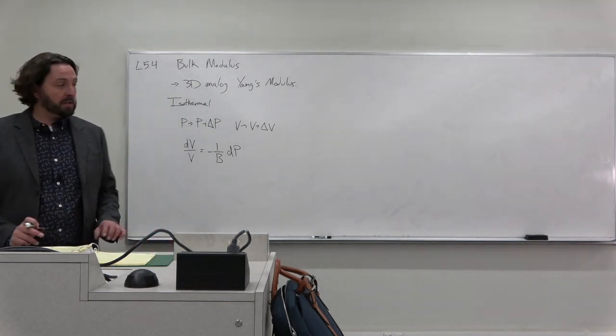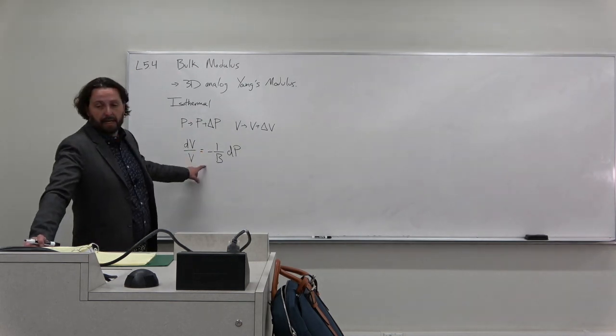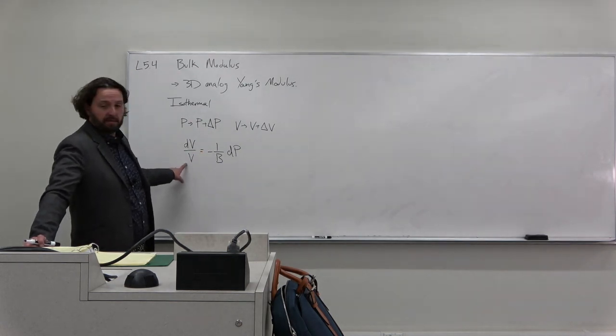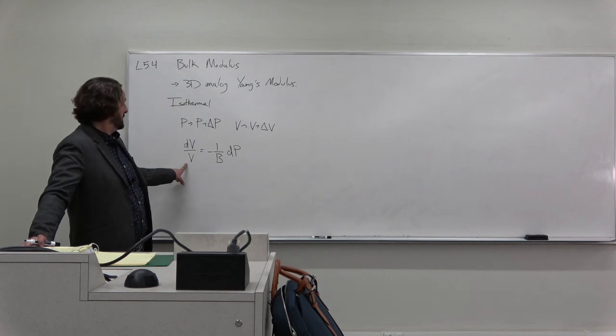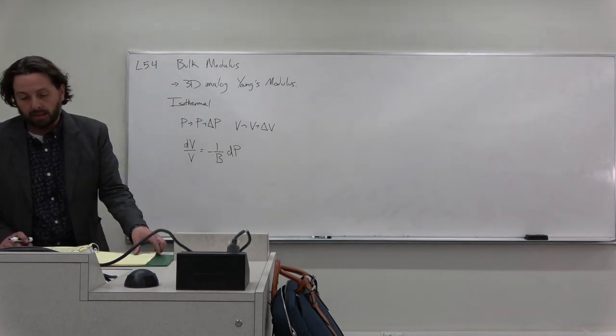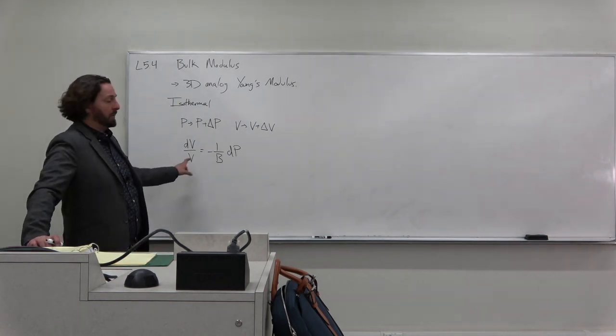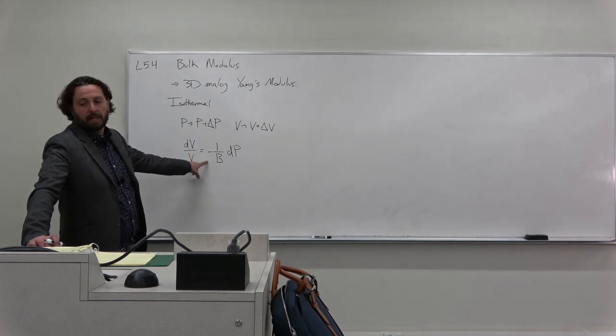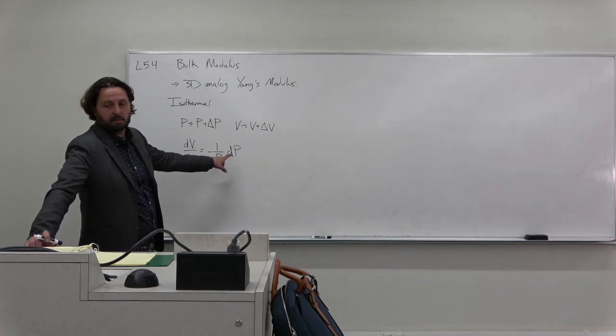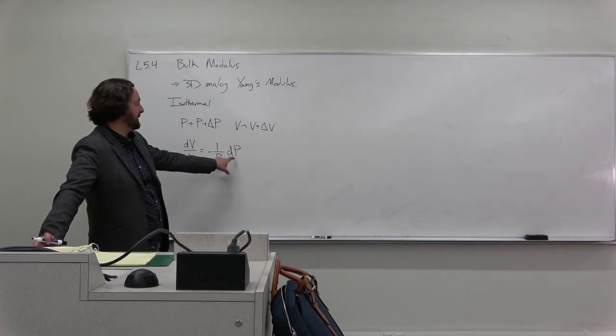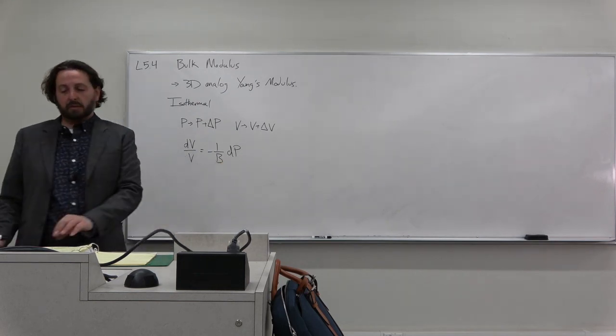Our equation for the Young's modulus was delta L equals 1 over Y, L over A, delta F, so that got out our volumetric factor. So now pressure replaces force.